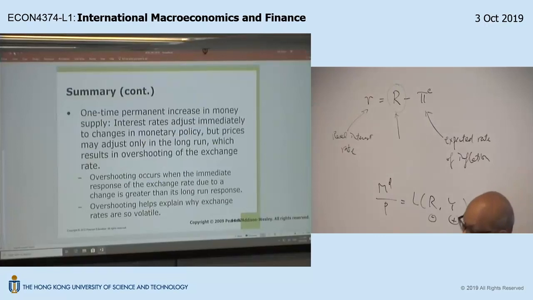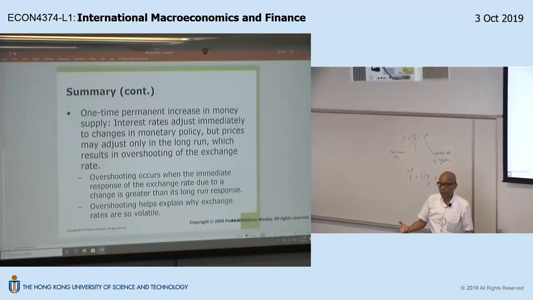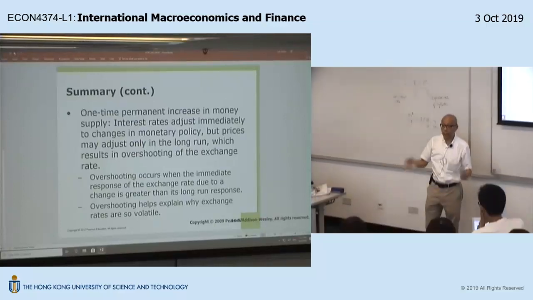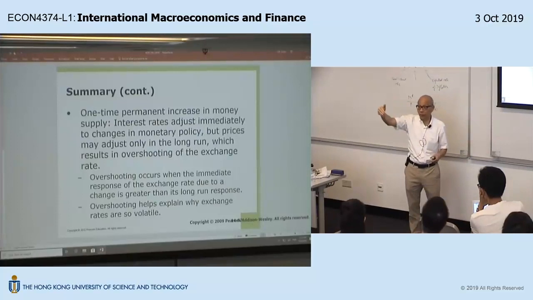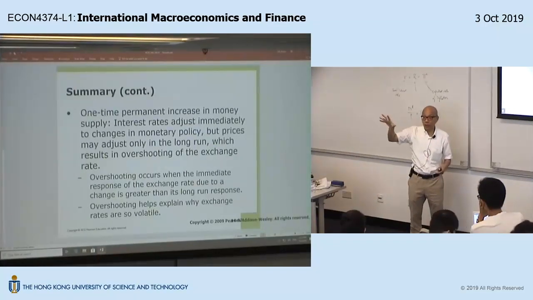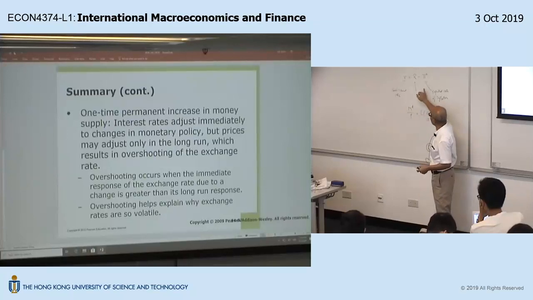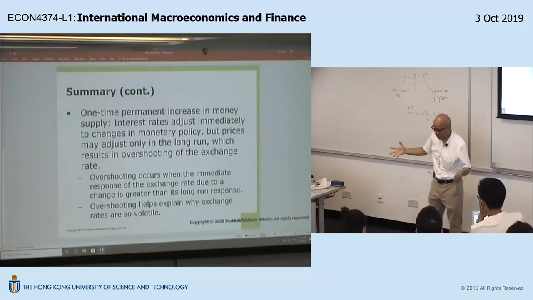If there's no money growth, then the expected rate of inflation will be 0. After a 10% permanent increase in money supply, you expect there's no more change. So you expect in the long run this is going to be 0, in the setting that we're talking about.